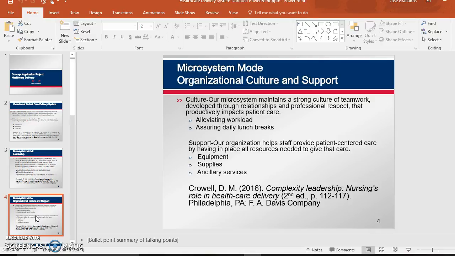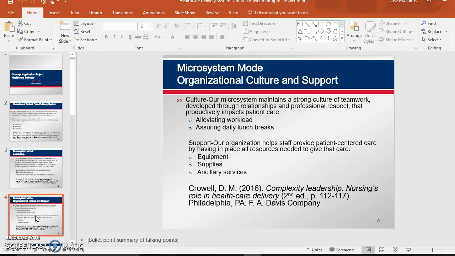Our organization makes sure that we have adequate and easily accessible equipment at all times, adequate and easily accessible supplies at all times, and working order equipment that we can use to provide care.